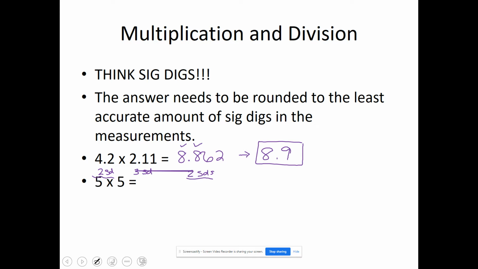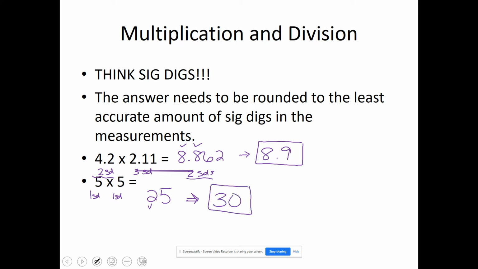But okay, here's our big mathematical horrible thing. 5 times 5 is 25. 5 has 1 sig dig. 5 has 1 sig dig. So we've got to make sure 25 has 1 sig dig. So there's our 1 sig dig. So 25 would round up to 30.